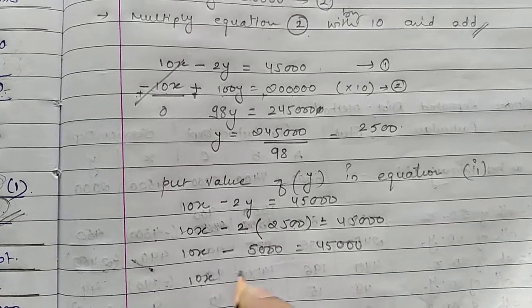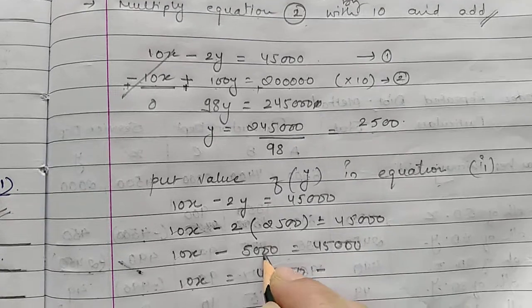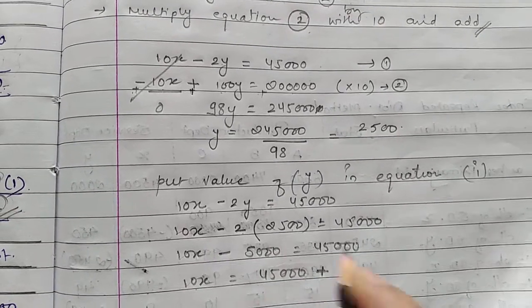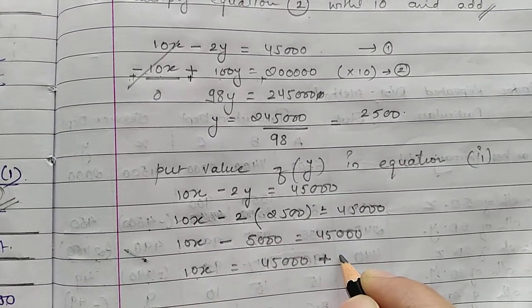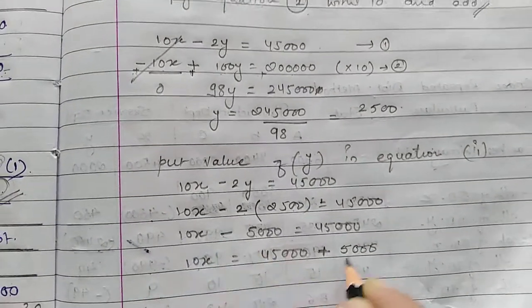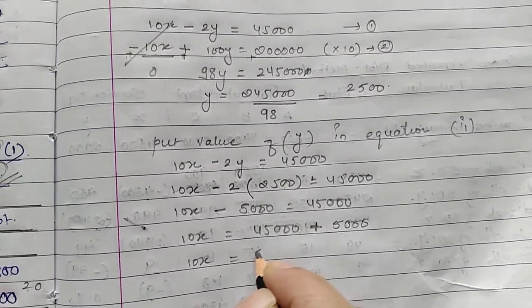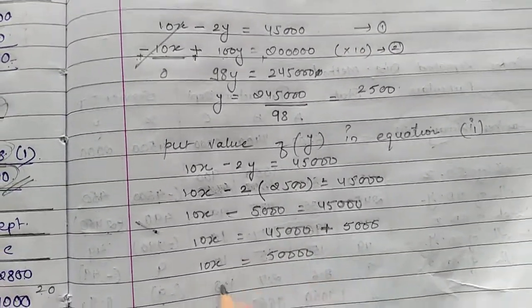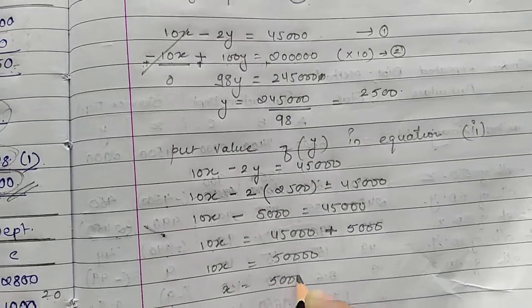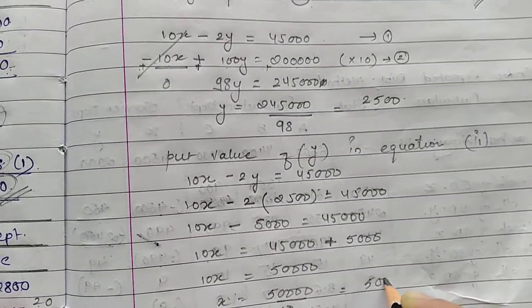So 10x equals 45,000 plus this 5,000 will go on this side, so minus will become plus. So 10x equals 50,000. So x equals 50,000 divided by 10, which comes to 5,000.